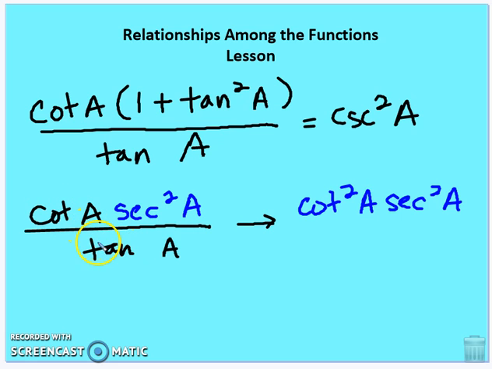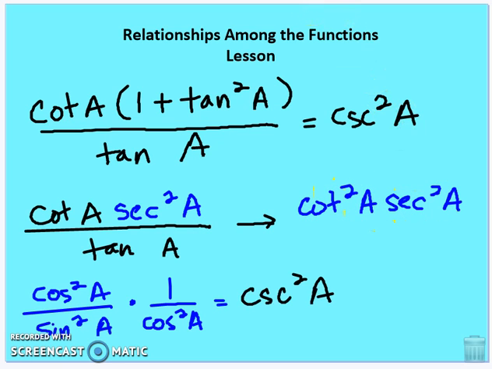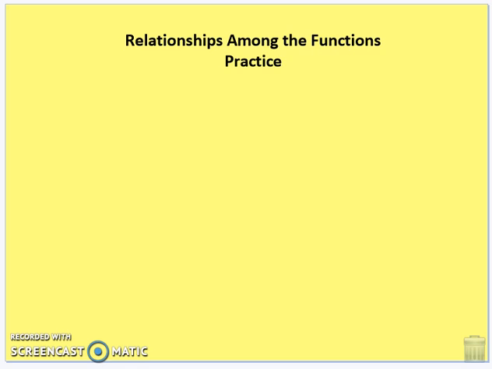So that leaves me with cotangent A times secant squared A, which I can rewrite as cosine squared A over sine squared A times 1 over cosine squared A. Cosine squared A over cosine squared A reduces to 1, so I'm left with 1 over sine squared A, which is cosecant squared A. All right, so that's it for chapter 8.4.